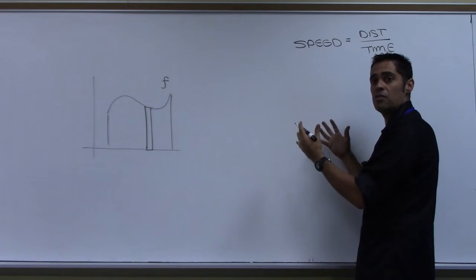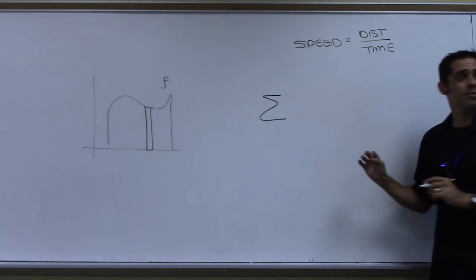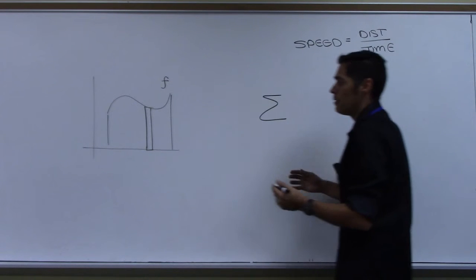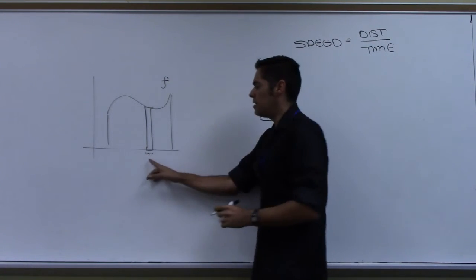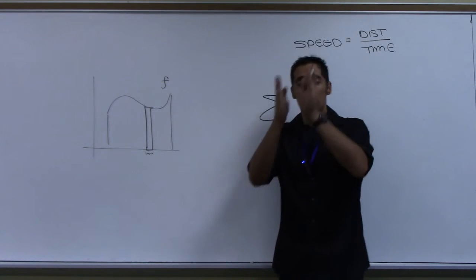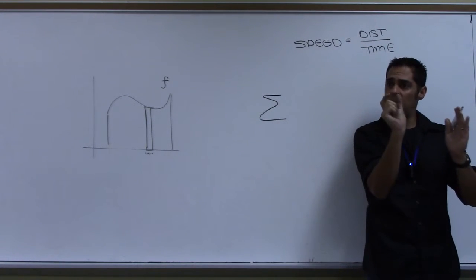I need to add up a bunch of rectangles. And for mathematical purposes, we like to use summations to represent add up. I'd like to add up the areas. How wide is the area of this rectangle? Well, would you agree that each rectangle would have the same width, if I do an equal number of them?